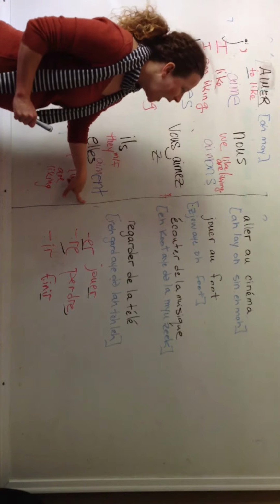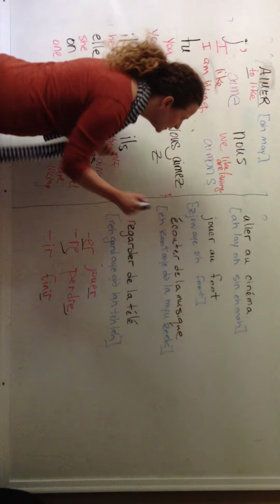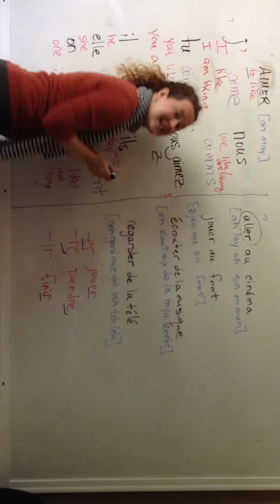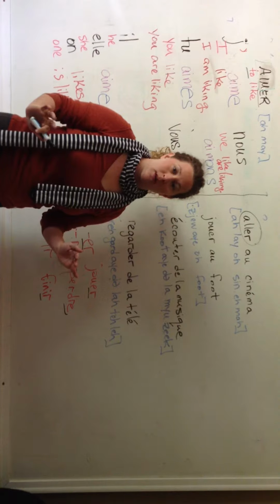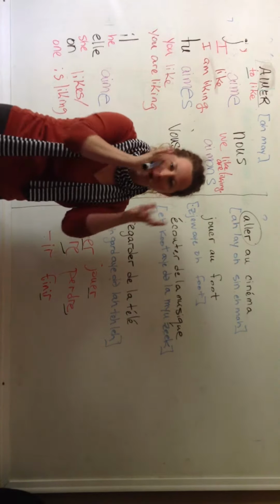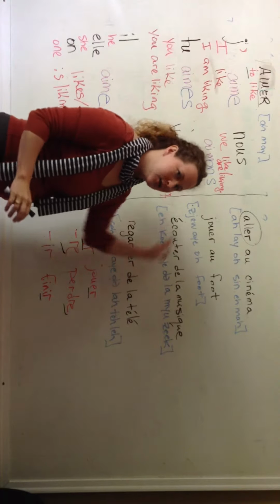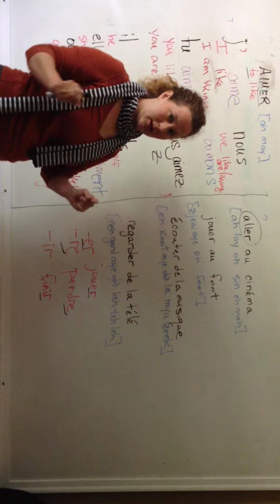Okay? And those are for your regular ER verb endings. Now, aller is irregular, which means it's not going to follow that pattern. It doesn't make any sense where they get the letters or why the verb is conjugated the way that it is. Okay? So you can't do this with all ER verbs, only regular ER verbs.